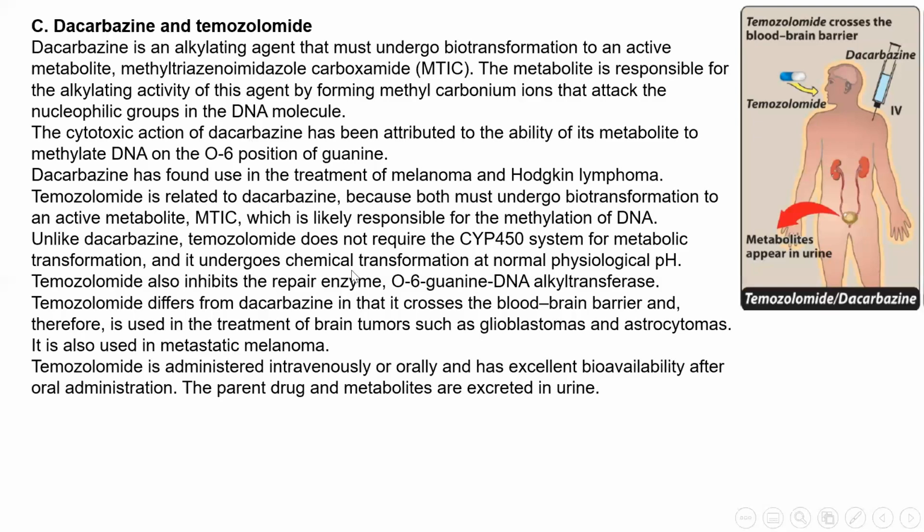It is easily transformed at normal physiological pH. Temozolomide not only methylates certain sites in the DNA, but also inhibits other enzymes such as O6-guanine DNA alkyltransferase.